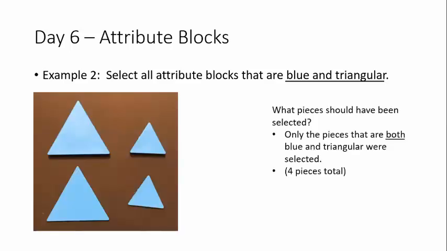What pieces should have been selected? Only the pieces that are both blue and triangular. So you have 2 blue triangles that are large and 2 blue triangles that are small. So there are only 4 pieces in the attribute block kit that satisfy this criteria.